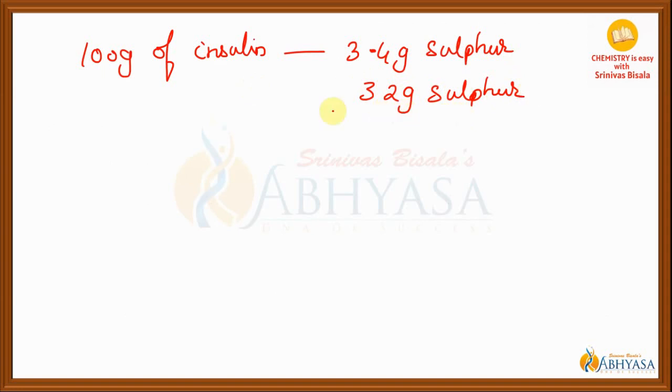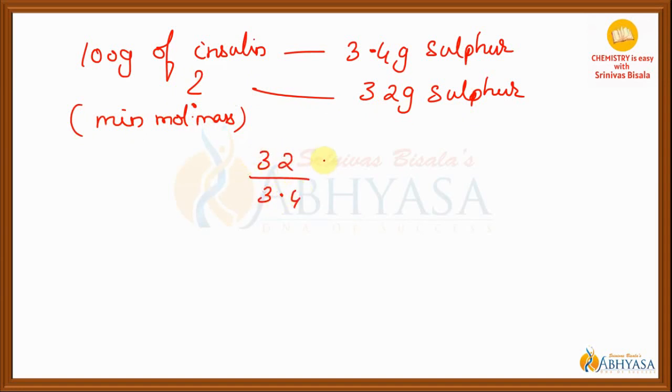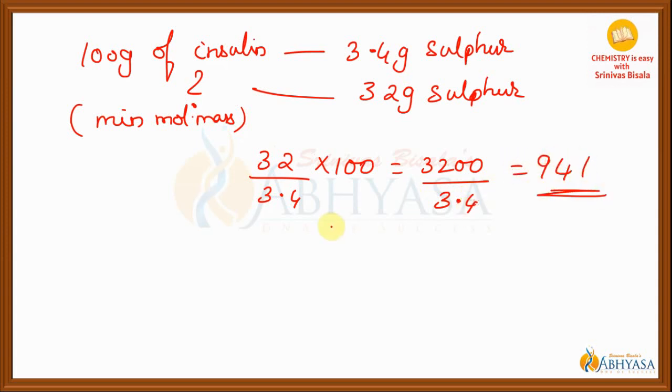So when 32 grams of sulfur is there, what will be the mass of the insulin? That itself will become the minimum molecular mass, isn't it? So it is 32 divided by 3.4 multiplied by 100. So this is 3200 divided by 3.4. After solving, you will be getting it as 941.